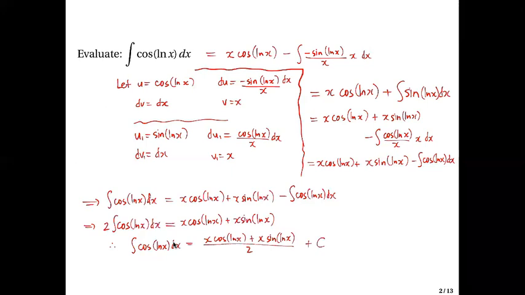So this is the final integral. Okay? Questions? Okay.